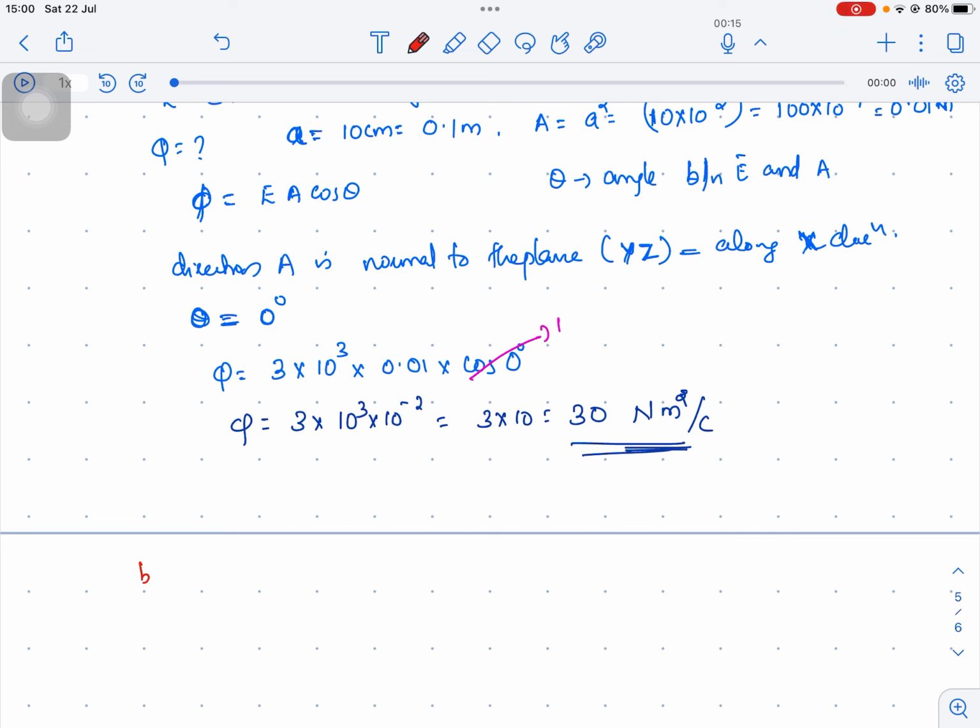In the second part of the question, it is mentioned that the normal to the plane makes an angle 60 degree with the x-axis.